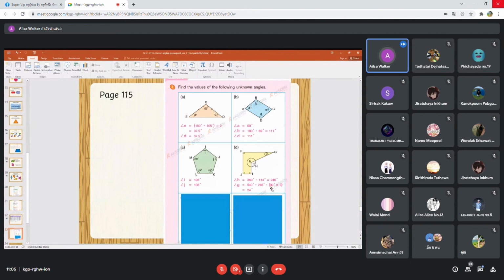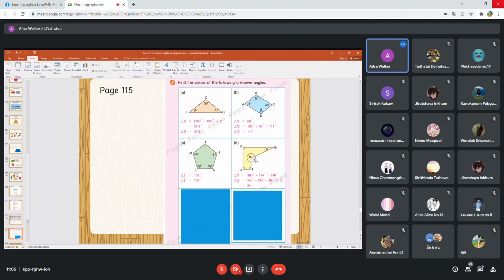Then minus 90 times 3 because there are 3 right angles. So you need to minus these from 540, which equals 24 degrees. So G is 24. Okay. If you have your book, write that down.